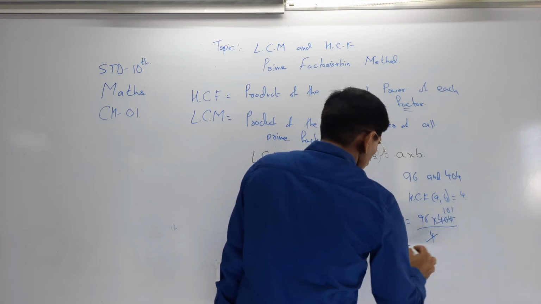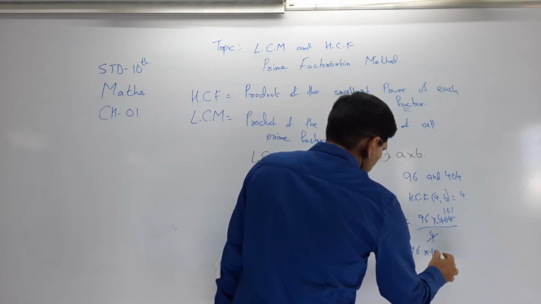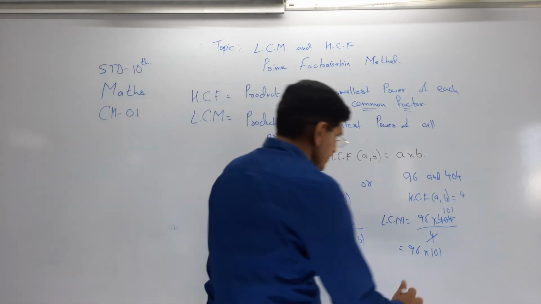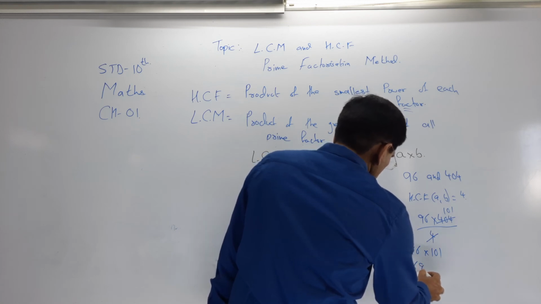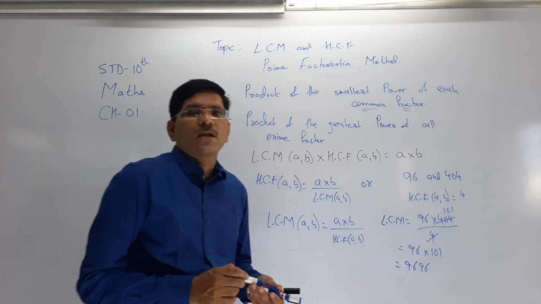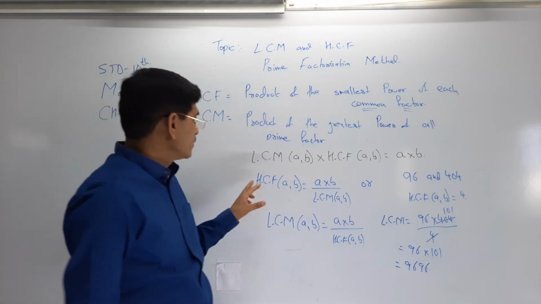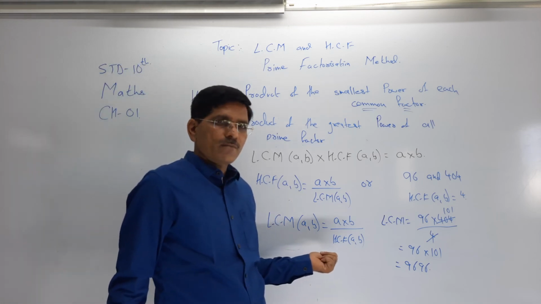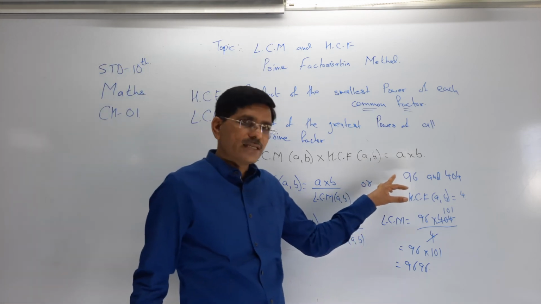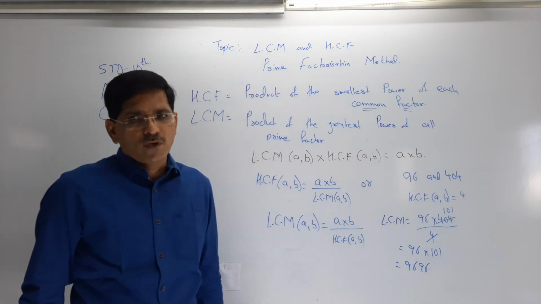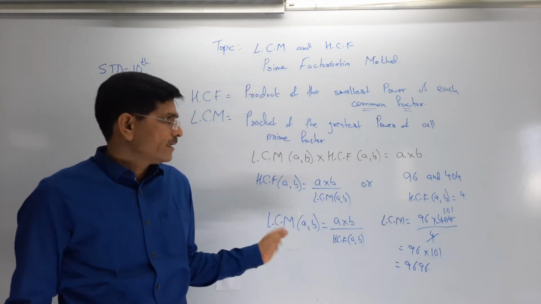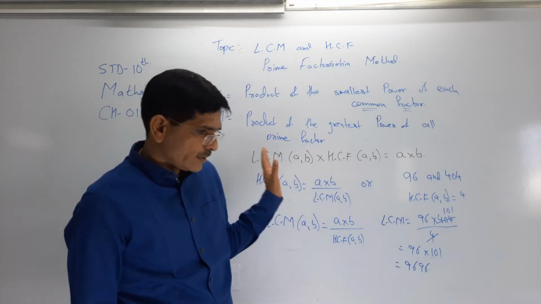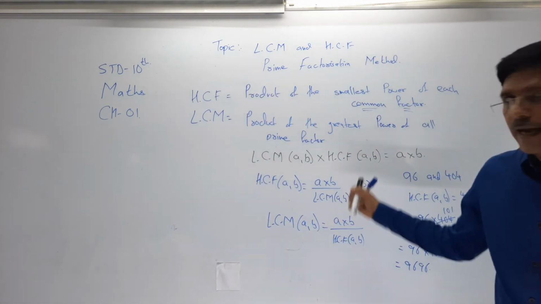So 404 divided by 4 is 101, and 96 multiplied by 101 gives you 9696. That is your answer of LCM. So by using this, we can find out LCM if HCF is given, and we can also find out HCF if LCM is given, or verify it. That important formula you have to write down now.